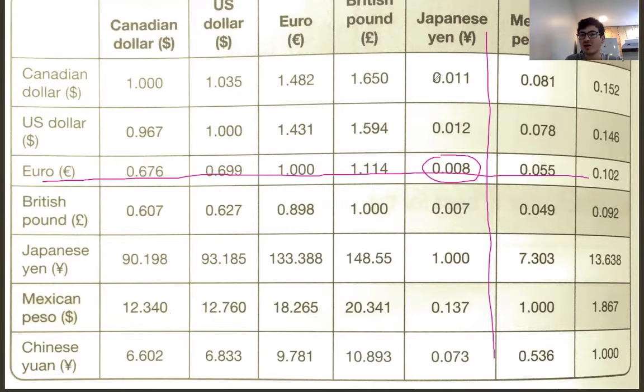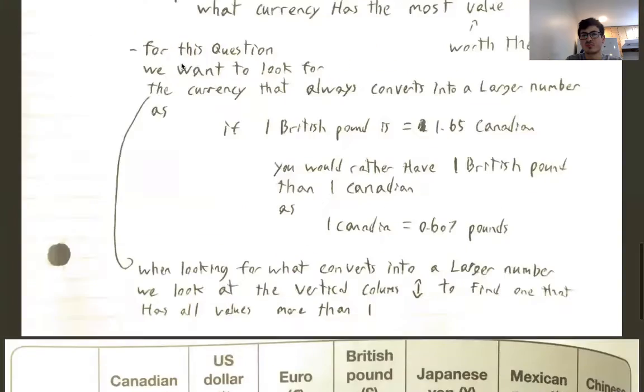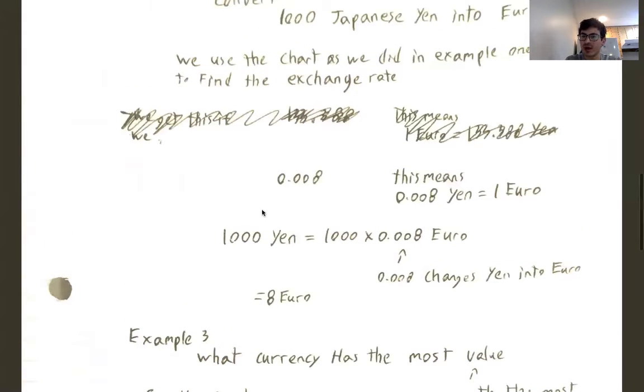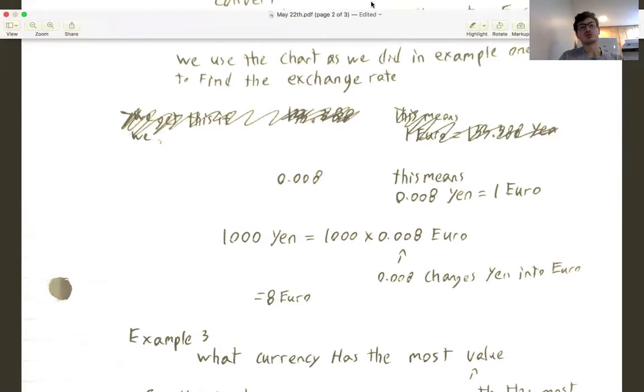Now that we found our conversion value, we can use this value. And it's always helpful, instead of just randomly using a value, to realize what this means. So what it means is that when we have 0. Oh, my mistake. I got this backwards. So let's see if I can fix this.